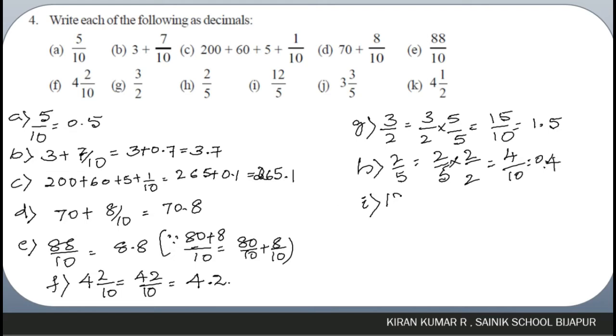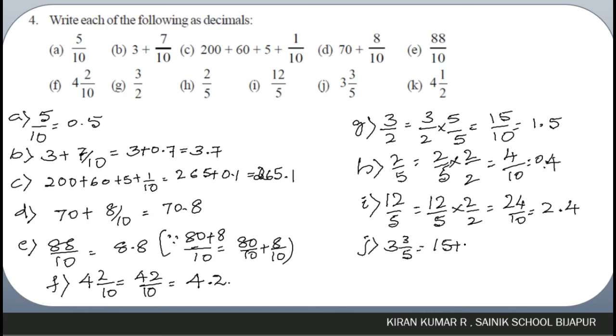Next one, 12 upon 5. I can multiply and divide by 2 so that the denominator becomes 10. So 24 upon 10 is 2.4. Next one is 3 and 3 by 5, which is nothing but 15 plus 3 divided by 5, 18 by 5.